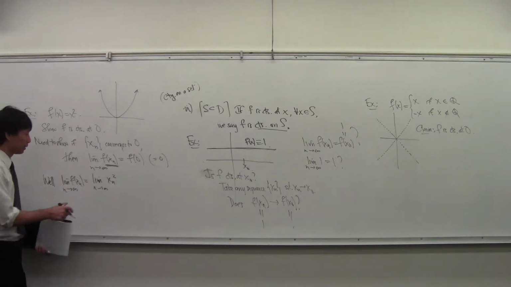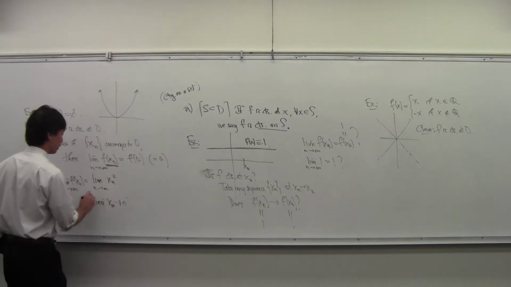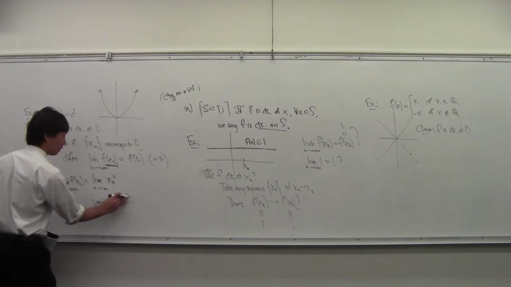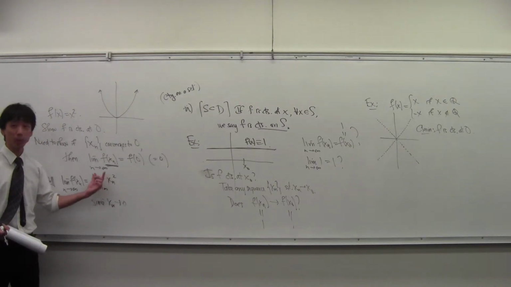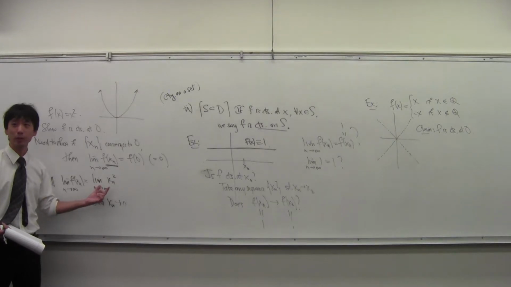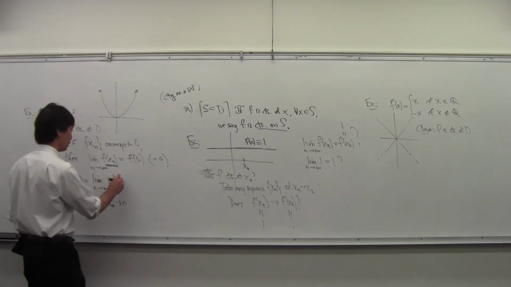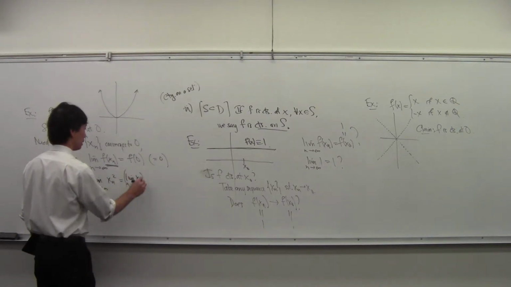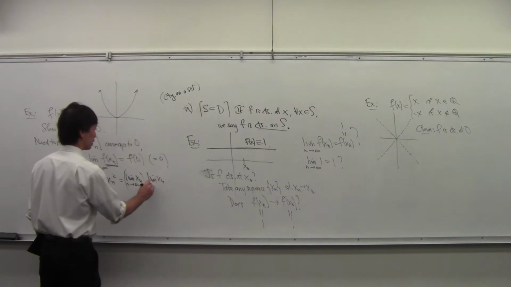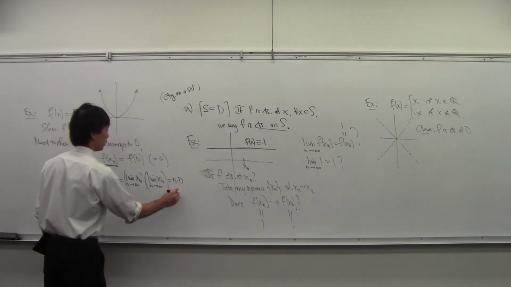Since xn converges to 0, the limit of xn squared is going to be the product of the limits by the limits and arithmetic theorem. This is going to be the limit of xn times the limit of xn, and that's 0.